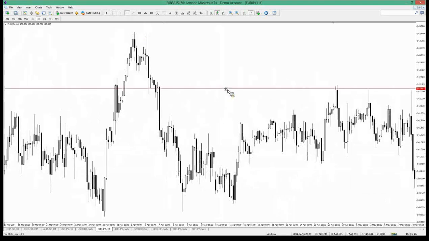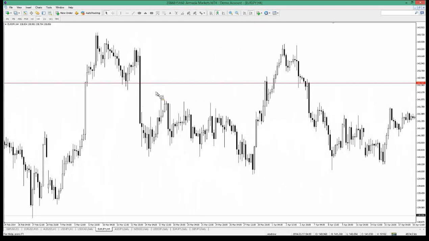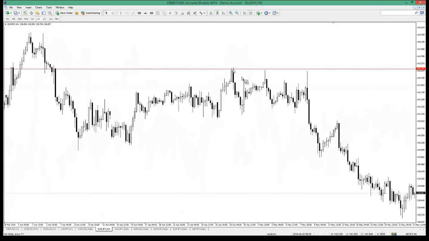Let's just say we want to find an area up here. Okay, so this is a 4-hour chart. We've got a nice price flip here: support, resistance, support, resistance, resistance. Now let's say this is the sell zone here that we've identified to possibly sell from.